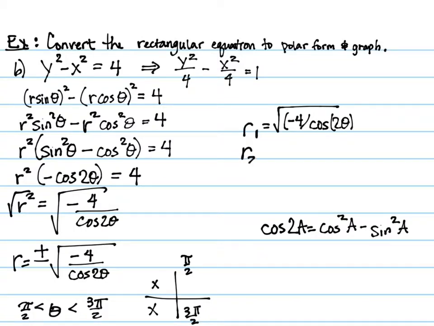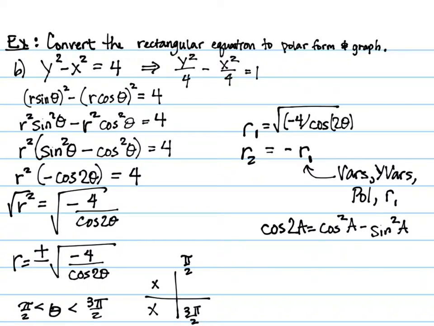In R2, I can actually put in negative R1, and the way you get R1 here is by hitting the vars button, going to Y vars, and then polar, and R1. So vars, Y vars, polar, R1. It will take the equation you had from R1 and put it into R2.